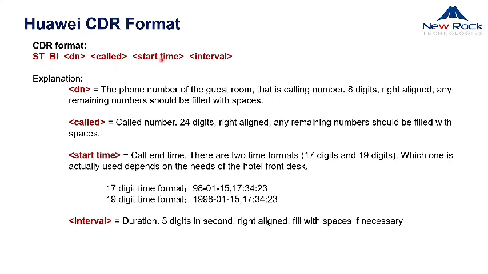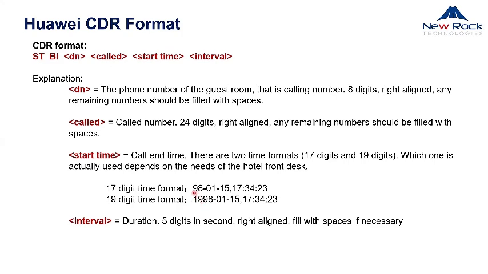And the start time, usually there are two time formats, right? The 17-digit time format should look like this, and the 19-digit time format should look like this. We just simply add the century of the year, right?